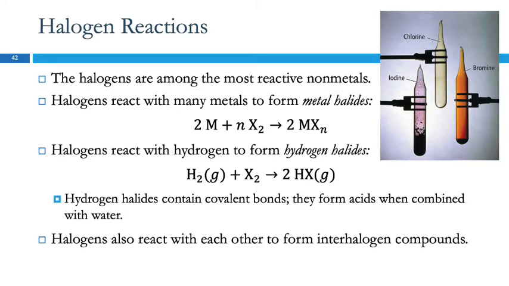Let's look at halogen reactions. This is a picture showing the elements chlorine, iodine, and bromine. So chlorine is kind of a yellowish green gas at room temperature. Bromine is a liquid at room temperature. We do see it also in the gas state here because when you have a liquid, some of it's going to evaporate.